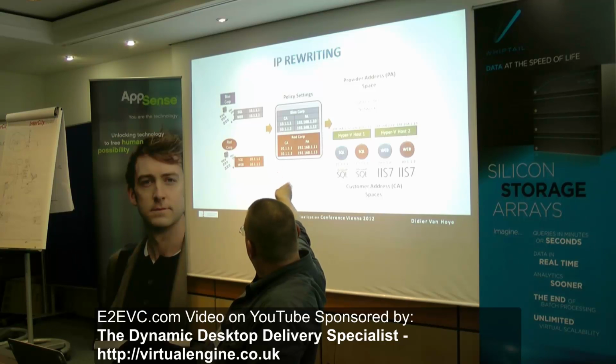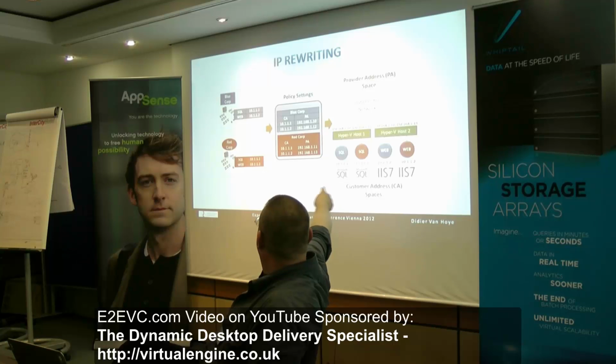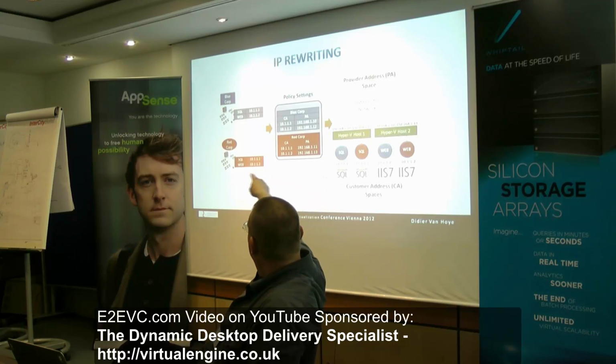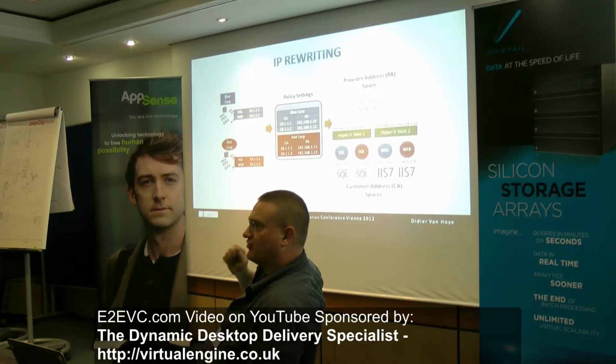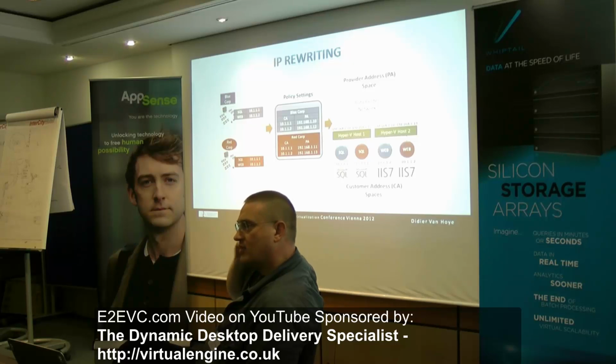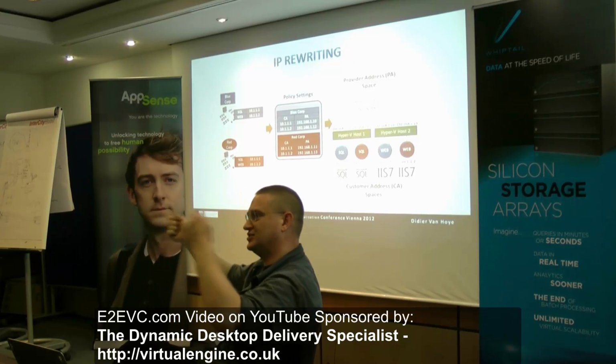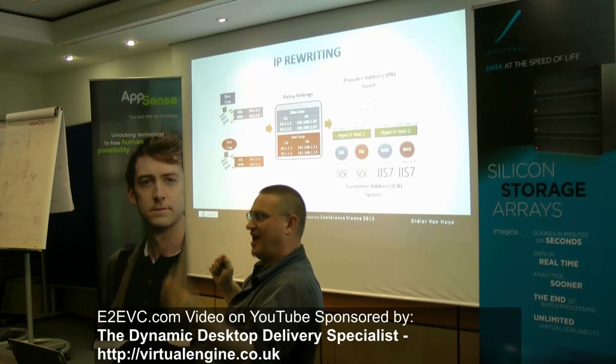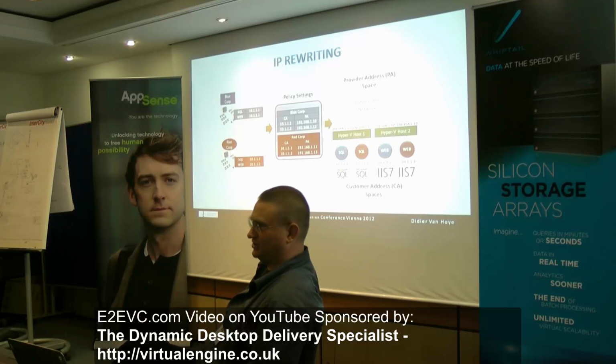IP rewriting with IP virtualization will just make a table and send it to the correct machines, depending on which company you belong to. Now, this takes a lot of IP addresses, because for every IP address you have from a client, you need another one. You need a provider address. It's a one-on-one match. So if you have a lot of client IP addresses, you need a lot of provider IP addresses. And therein lies the limitation.